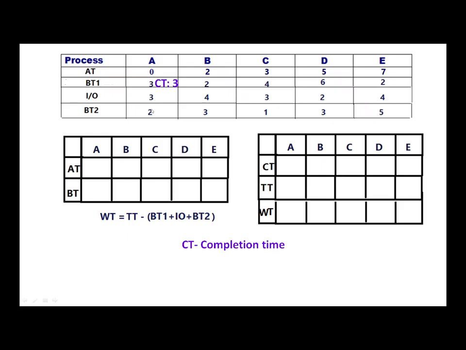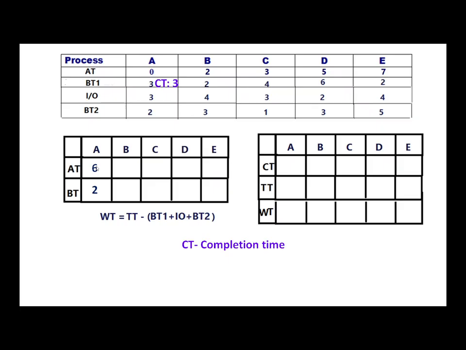So we allow A to enter into IO operation and we anticipate that A will become available again after finishing the IO operation, which is nothing but 3 plus 3. So 3 is the current time, and from this time onwards A is going to enter into IO operation. So by 6 units of time it will become available again for our execution.